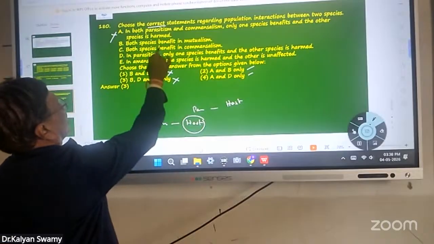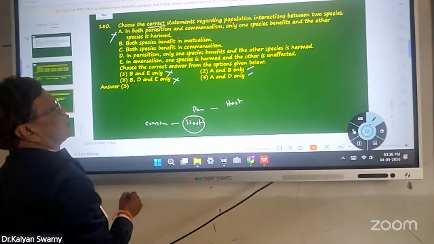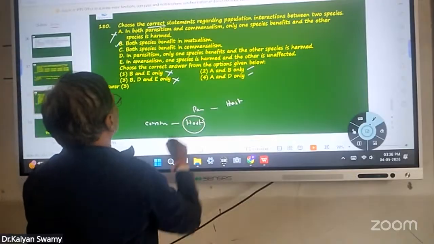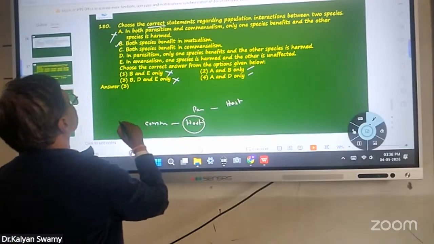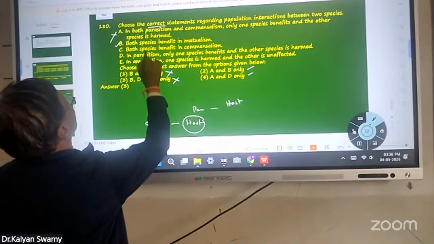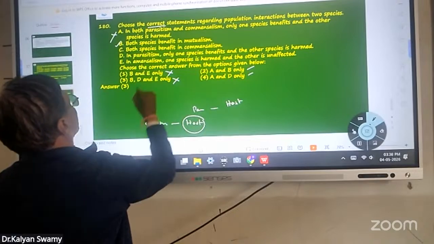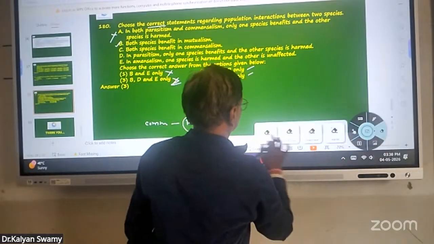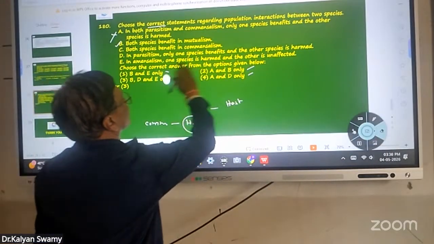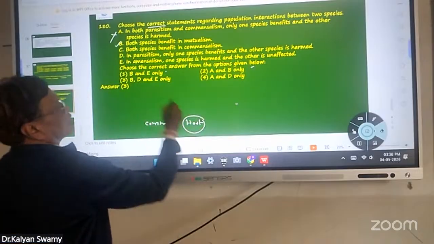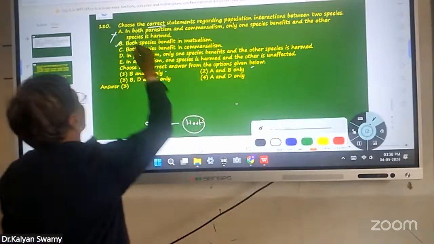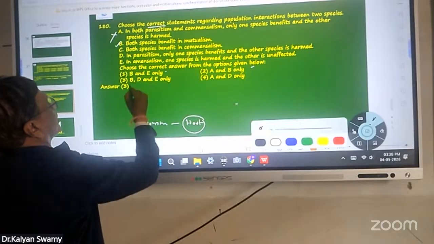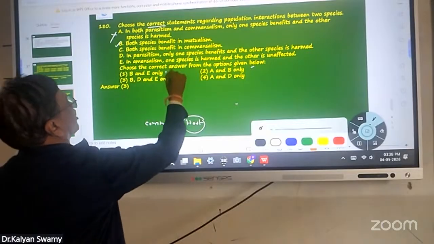Now go for the second. Mutualism is most specific, with benefit to both. This is correct. Correct statements are asked here. The first one is incorrect. Then this may be correct.